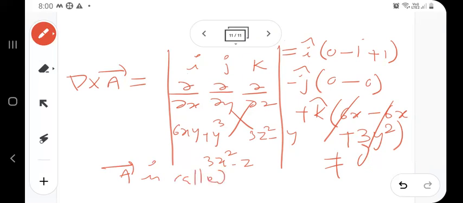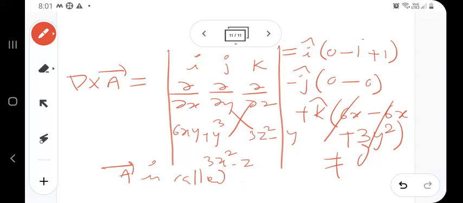Now, in this class, what we did is: if the vector a bar is given, how to find the curl of this vector in terms of the variables, and how to find the curl of the given vector at a particular point by substituting the coordinates x, y, z values, and showing whether the vector is rotational. For that, we consider del bar cross a bar.